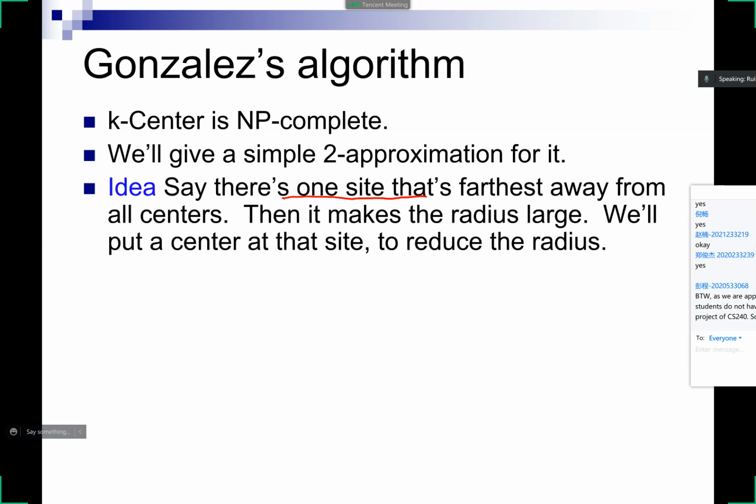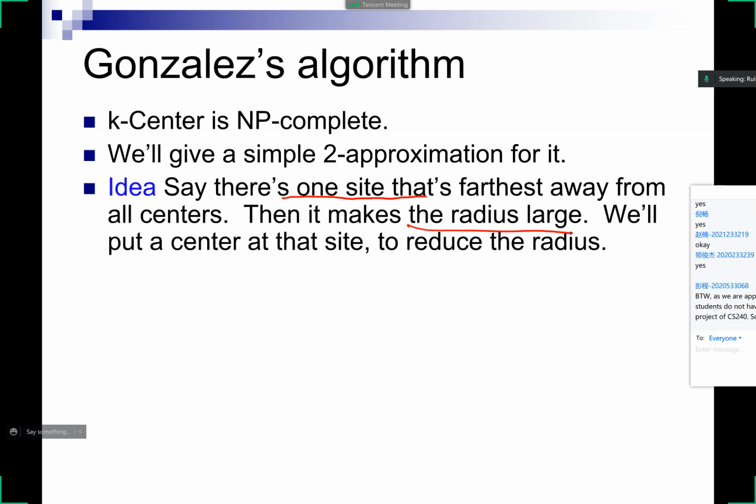Whichever site is the farthest away from all of the current centers is the thing that's making our radius large. Remember, the radius is the maximum distance of any site from its closest center. So if you have a site which is very far away from all of the current centers, that site is causing our radius to be large.